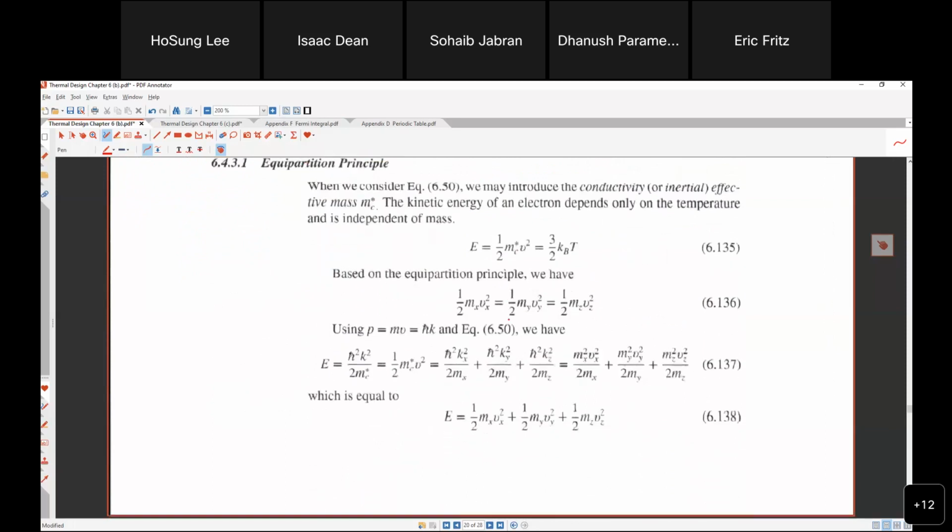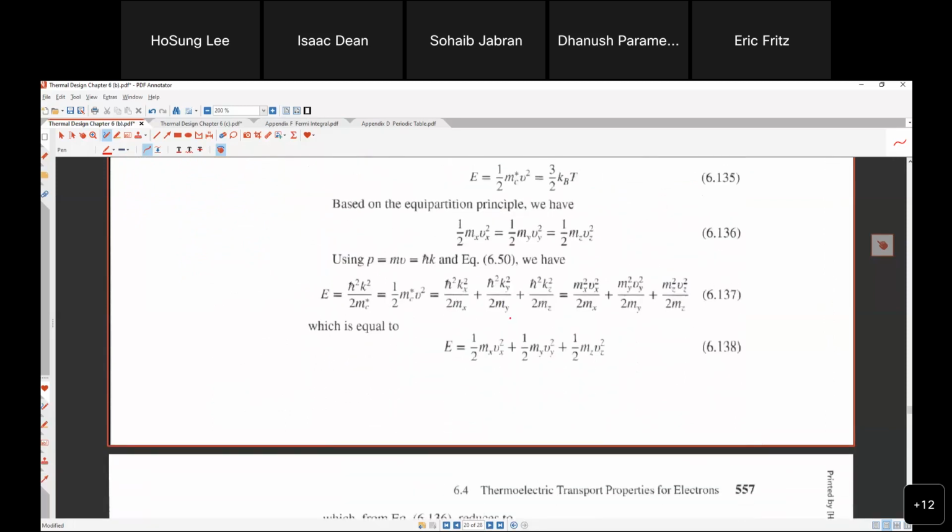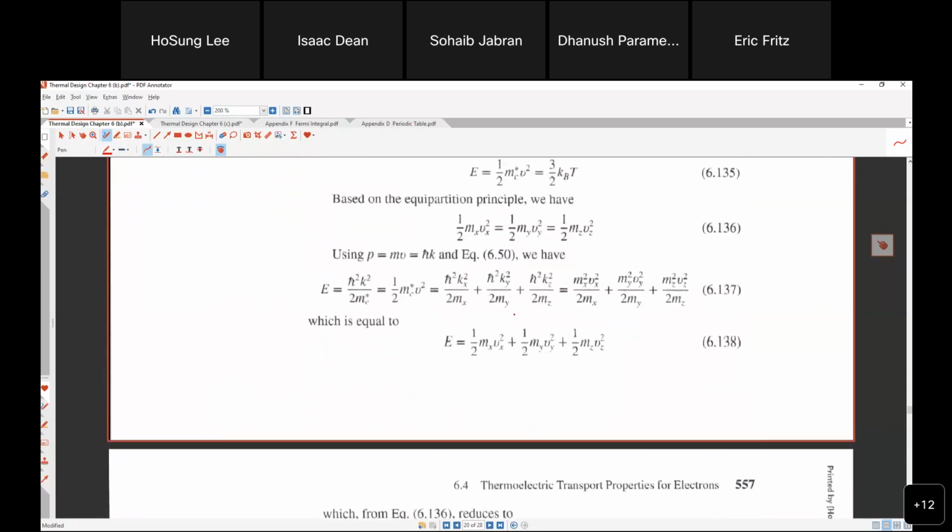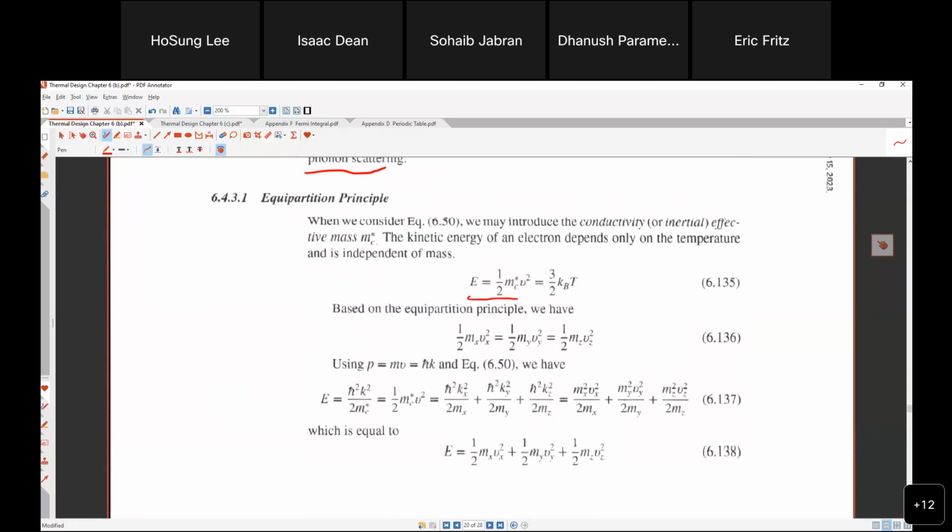Okay. Now, we define here the electron kinetic energy. We studied this from the beginning, but somehow we developed the effective mass, the density of state effective mass, and then used it. We assumed this is sometimes close to the electron mass, but basically we use the density of state effective mass.